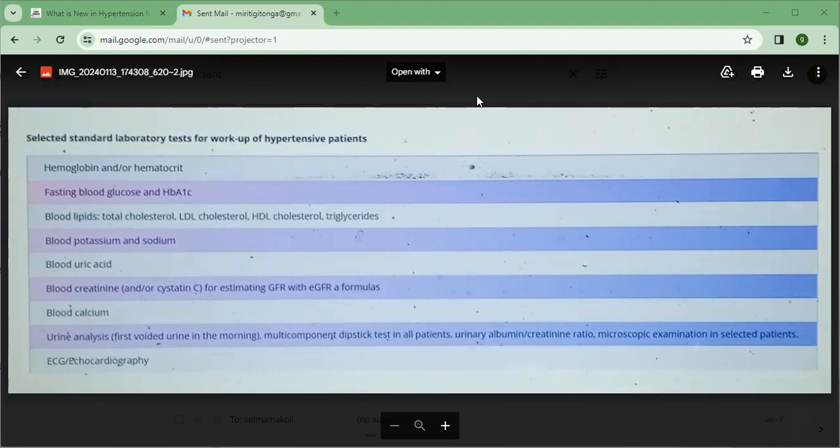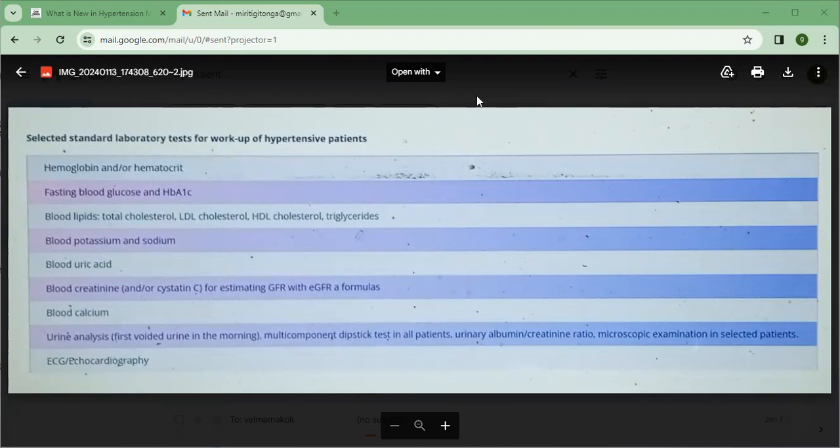Now, triglycerides are very common in patients who have familial hypercholesterolemia. And triglycerides should always be less than 1.7. High density cholesterol is supposed to be high because it acts as a transporter, and is supposed to be more than 1.1 millimoles per liter.